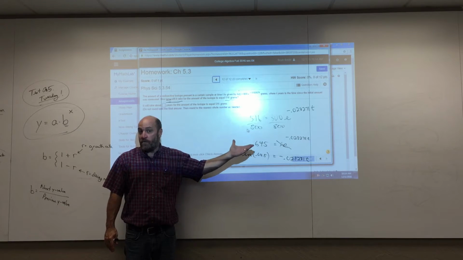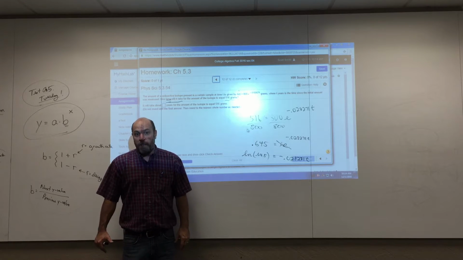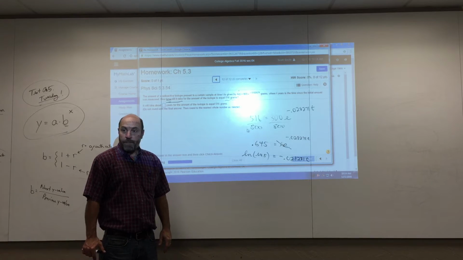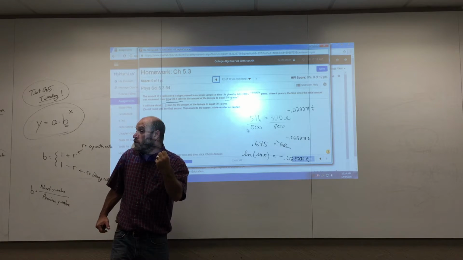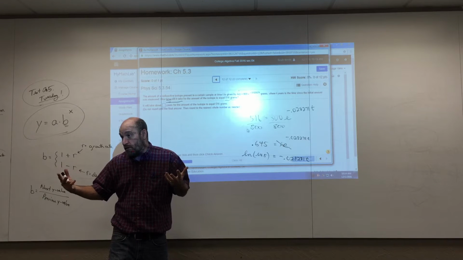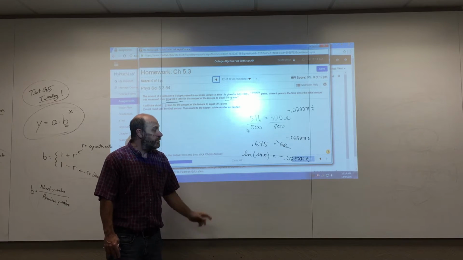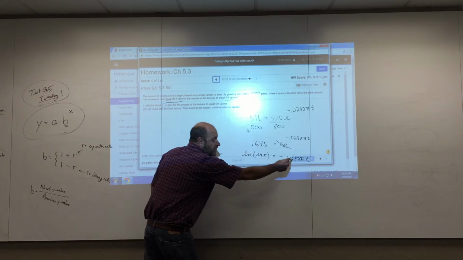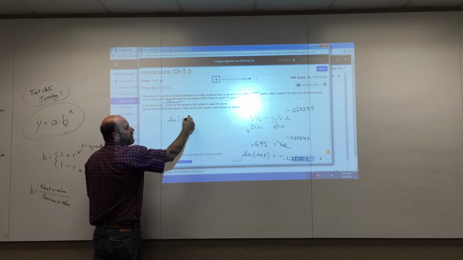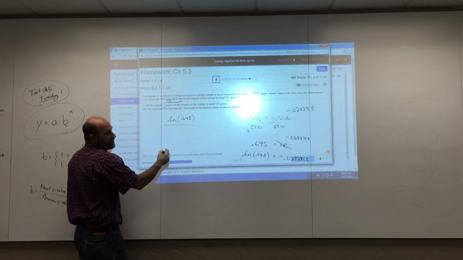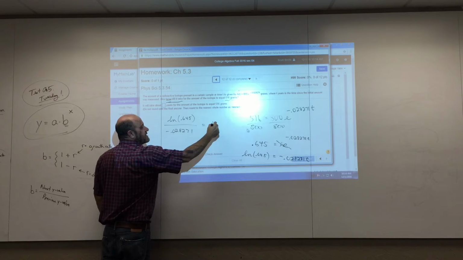It's not a difficult game, but you've got to understand a couple moves. You've got to understand the concept of undoing the base of e using a logarithm. A natural logarithm undoes the base of e. One more move, I'll divide. And so my answer is the natural log of 0.645 over this nasty little negative 0.028271. That is the answer.